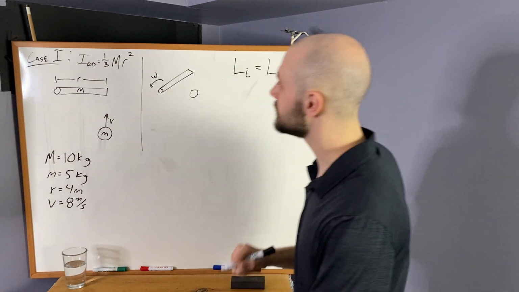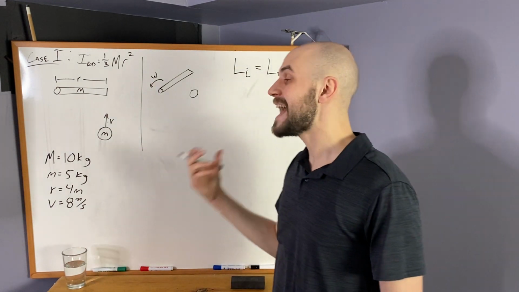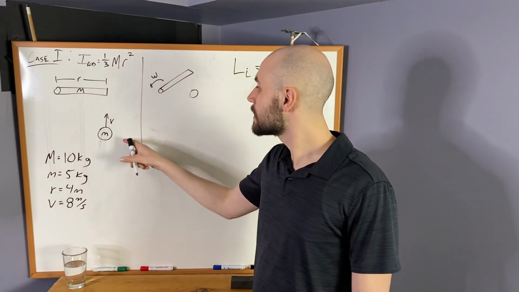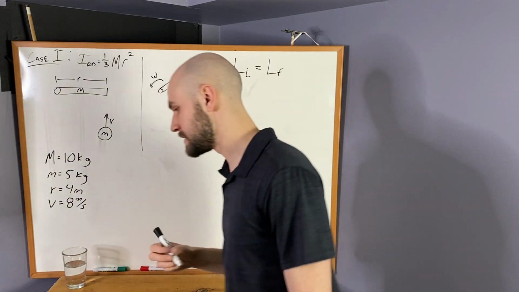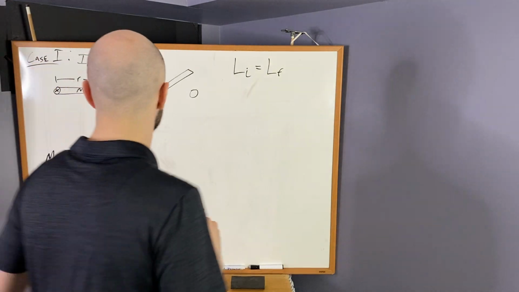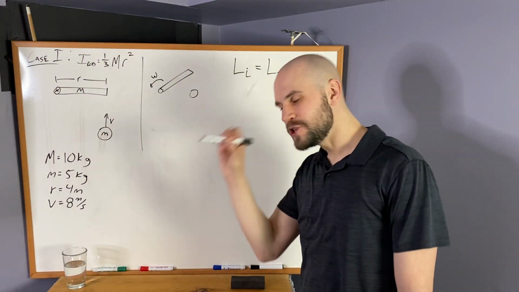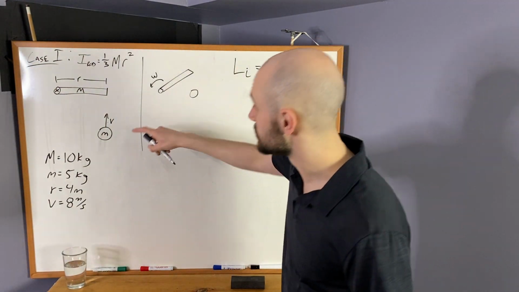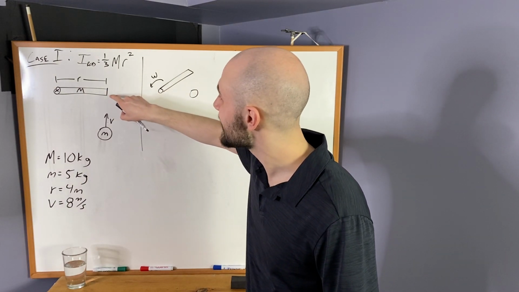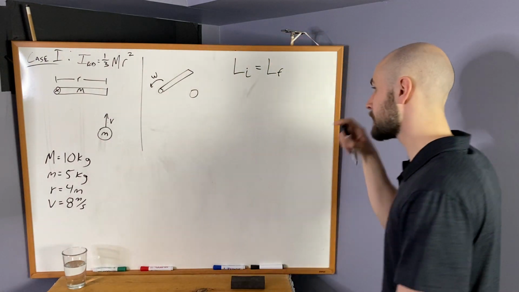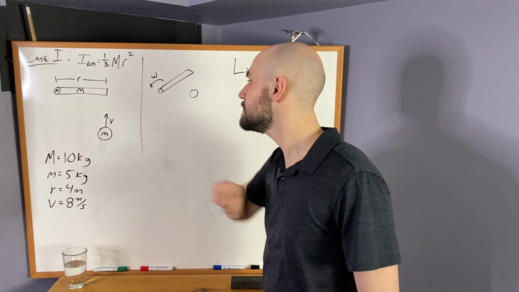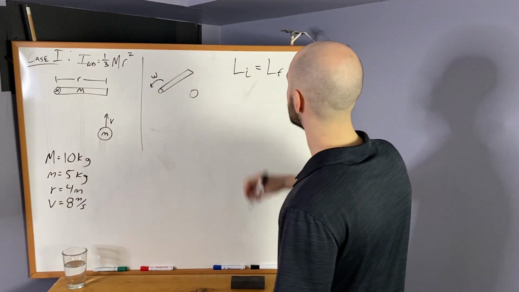All right, so before the collision, looking at the left side, the rod is at rest, so it can't have any angular momentum. But this ball coming in does have angular momentum from the frame of reference of this axis here. And we want to analyze what's going on just before the collision and just after the collision. So when this ball comes in, it's at that point of closest approach when it collides with the rod. We can make that assumption. So our initial angular momentum of the system is just the angular momentum of this object when it's close to the rod.